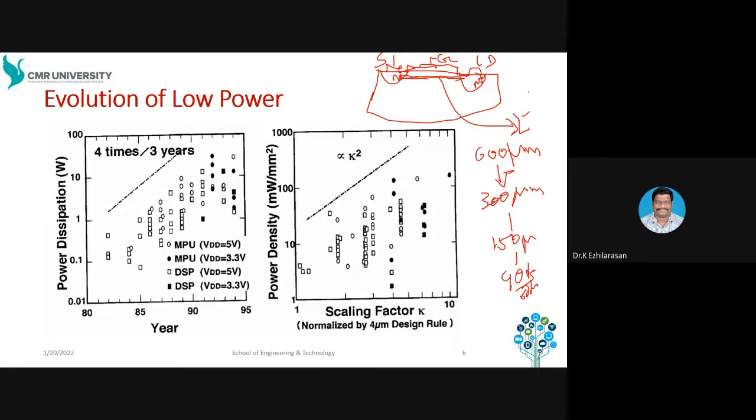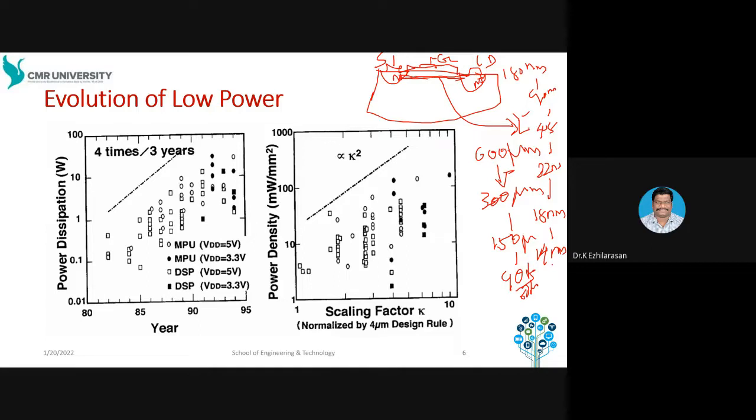Then again 180 nanometer, then 90 nanometer, then 45 nanometer, then 22 nanometer, then 18 nanometer, and after 18 nanometer, 14 nanometer.